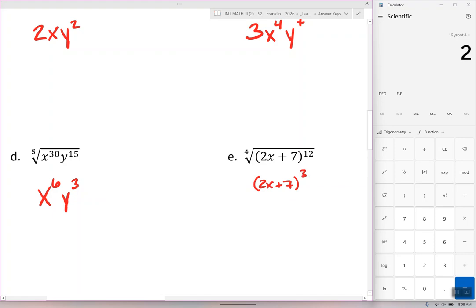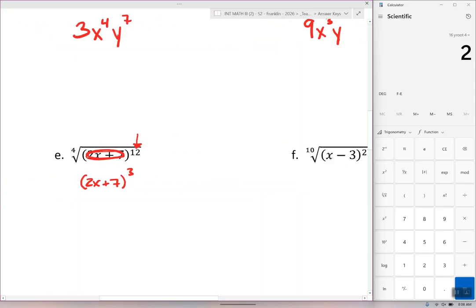Which we could then multiply out, but we are not going to do that. That's how that would work. So if you have something in parentheses like this, consider it one big thing. Just focus on the exponent.